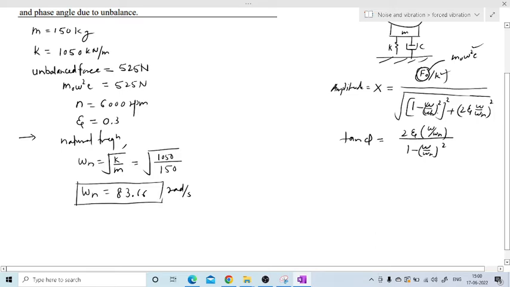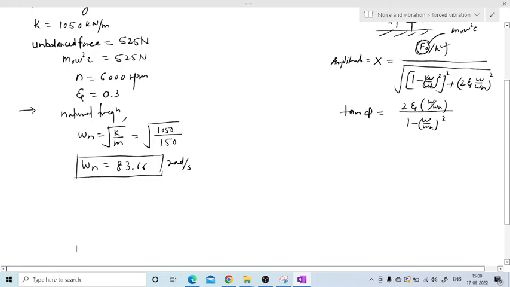Now this is the natural frequency of that particular system. Along with this omega n, we will require the value of omega, means the actual working frequency of that system, means angular velocity. So the angular velocity of that system, omega, is 2 pi N divided by 60, and they have given the speed of rotation, that is 6000.